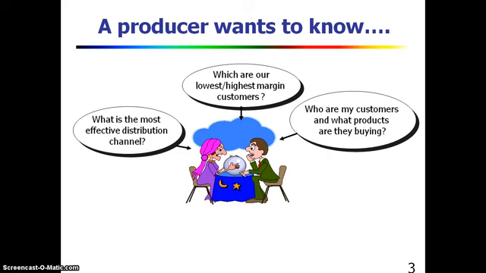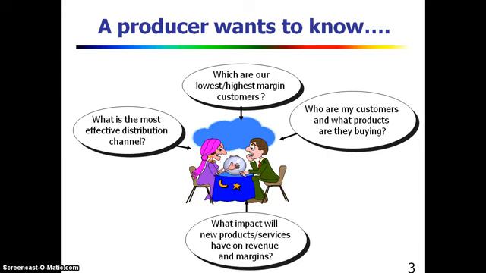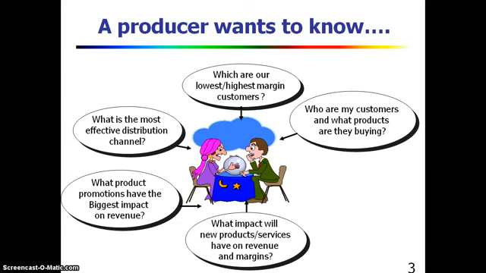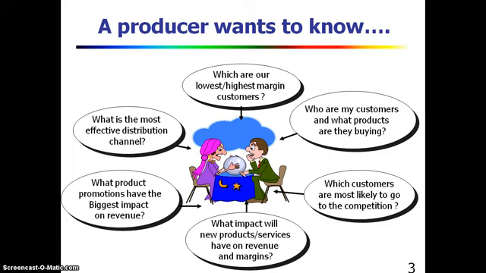What is the most effective distribution channel for my margin? What will be the impact of a new product or service on revenues and margin? What promotions do I have to do that will impact my revenue? And which customers are most likely to go to the competition?